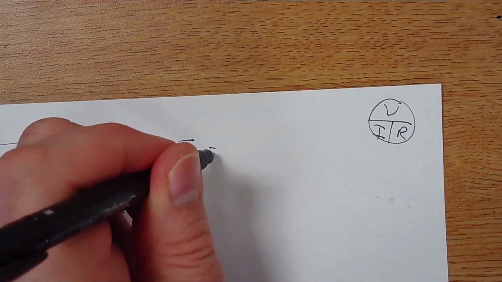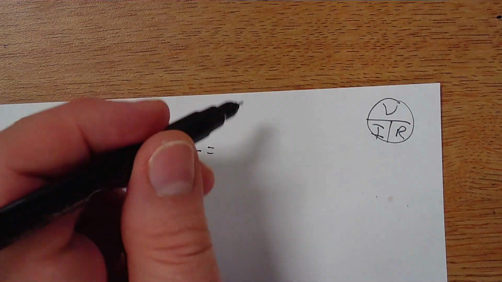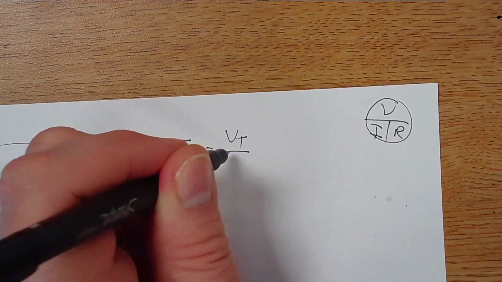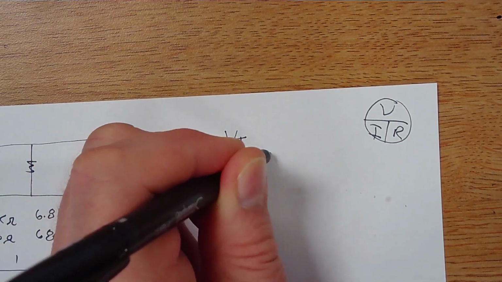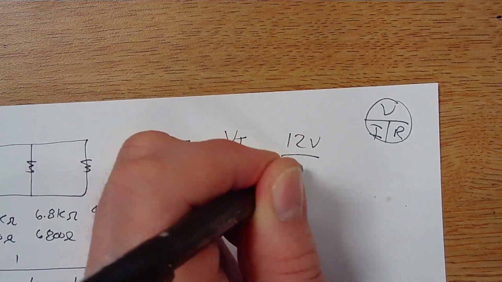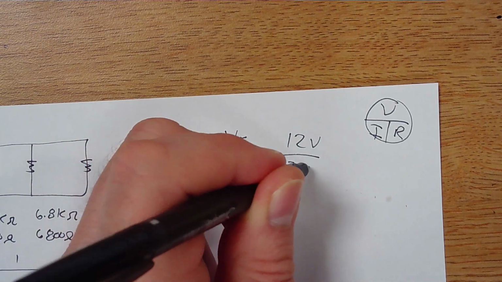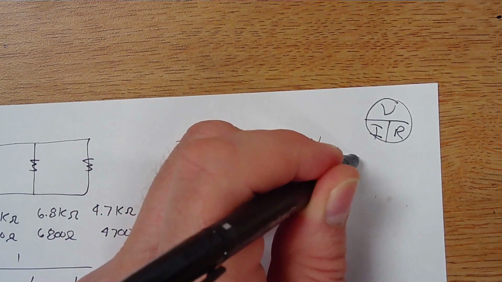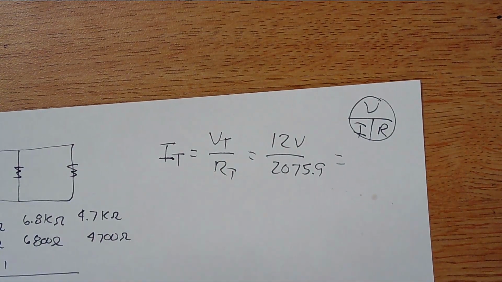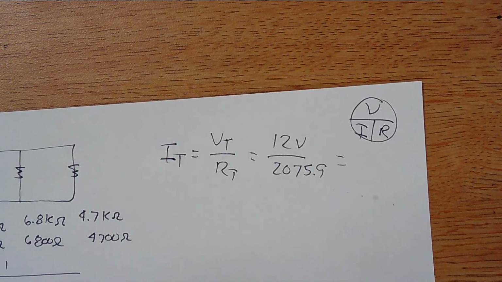Current total is equal to voltage total over resistance total, which is equal to 12 volts divided by 2075.9.